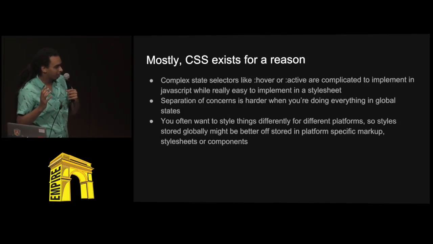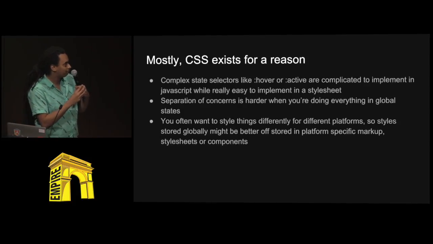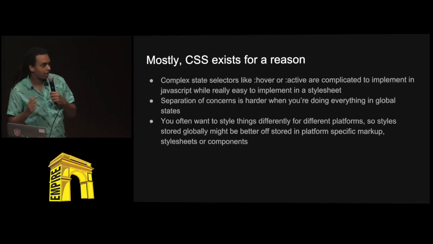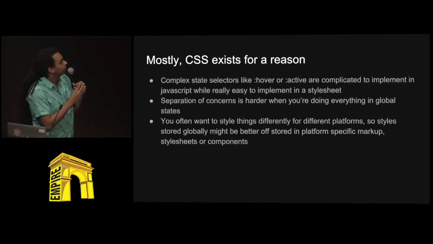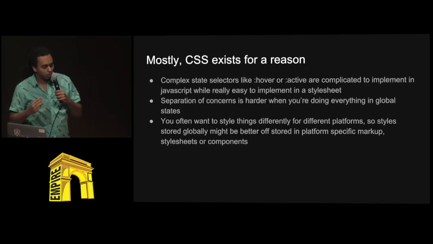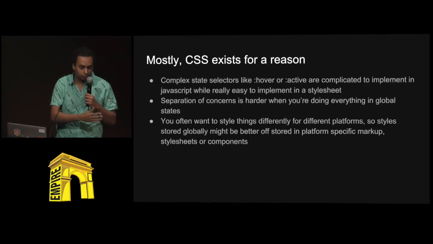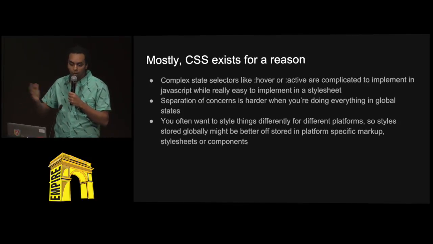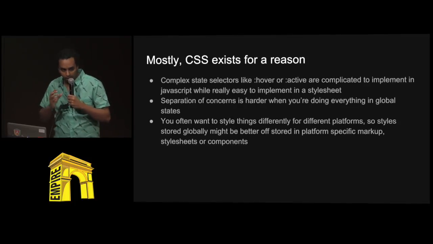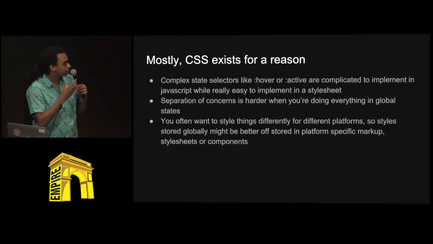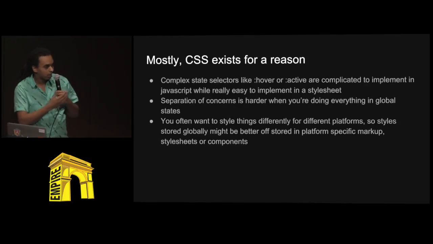So converging everything back into a global state can bring back a lot of the headaches we had when we had styles right in line with our HTML. And often, we do want to style things differently for different platforms. So a global state used across multiple different platforms, like Android, iOS, web, mobile, who knows what, all sharing the same style objects, may not be what we want to do. We might want to actually keep those things inside of our style sheets and inside of our components themselves.